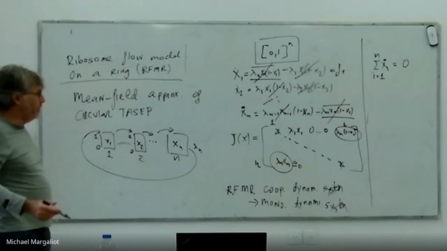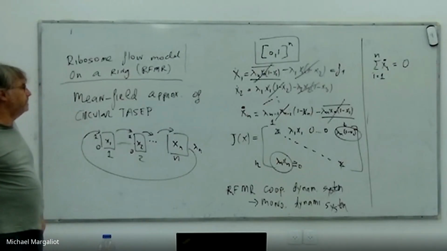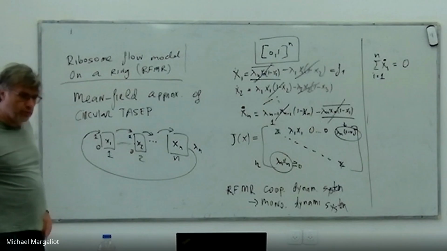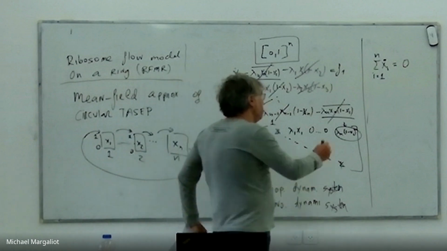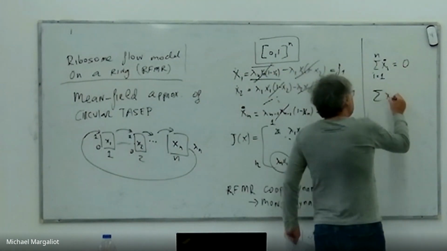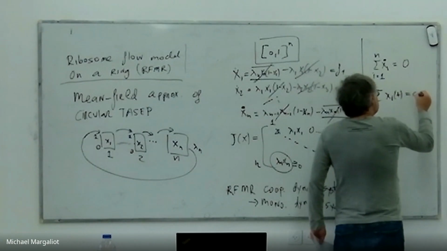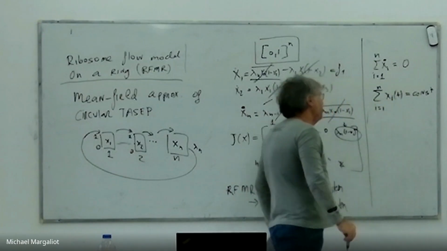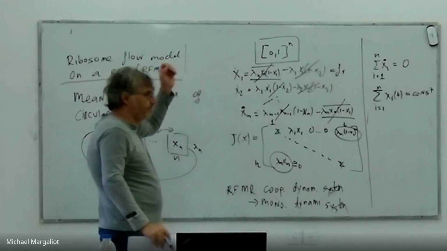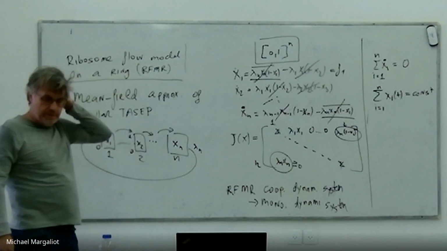So when I sum up all the derivatives in all my n differential equations, I get 0. What does this mean? This means that this is constant along the flow. The sum of the densities is constant.